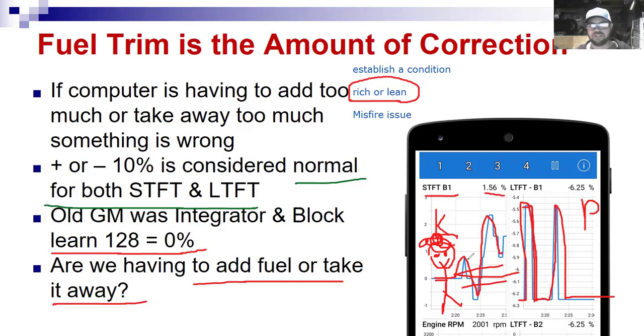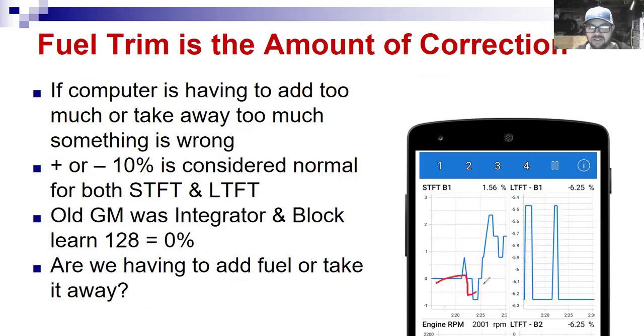The short term, it's normal for the short-term fuel trim to move around all over the place. If he stays anywhere for too long, then that's going to cause the long-term fuel trim to make an adjustment and shift. So it's not uncommon to see short-term fuel trim maybe go up positive, and he gets up to maybe 11, 12%.